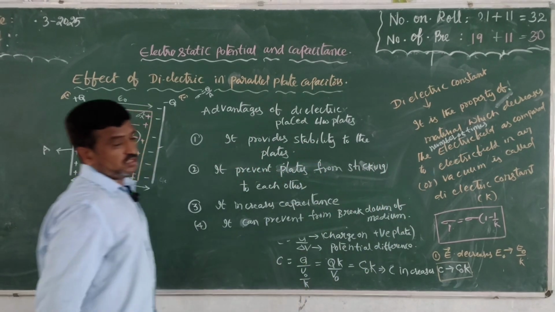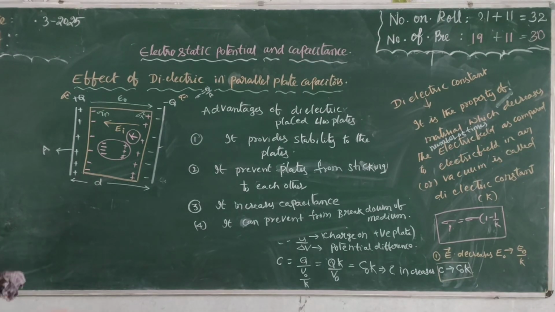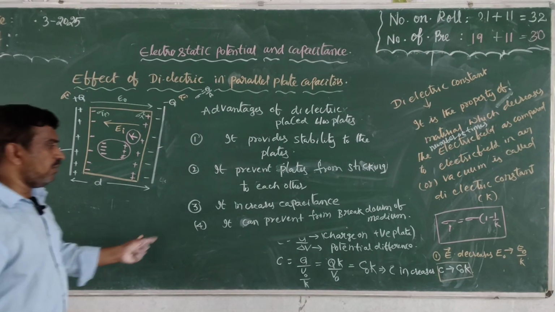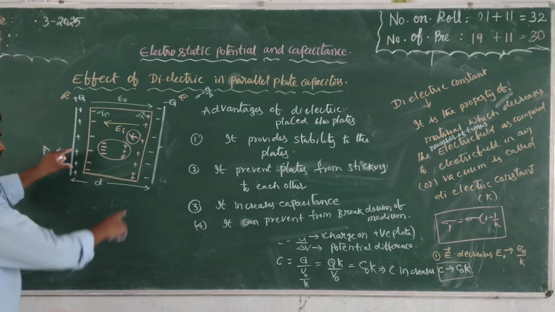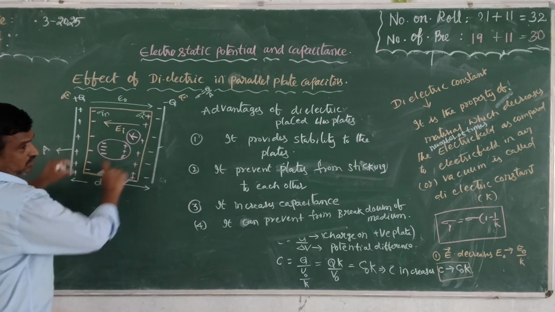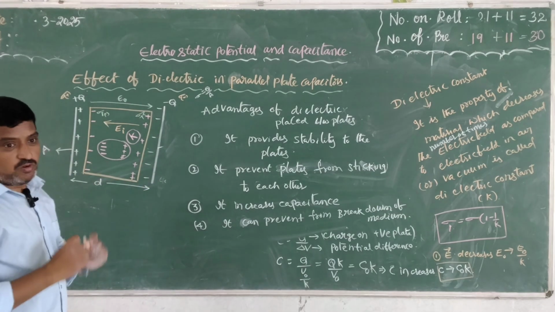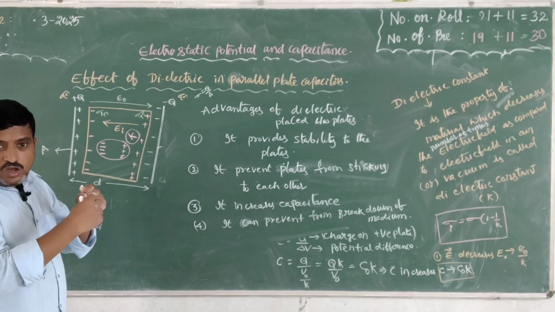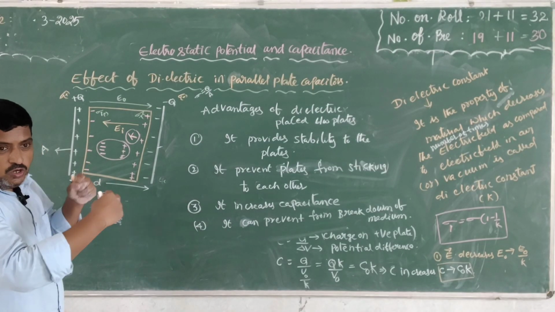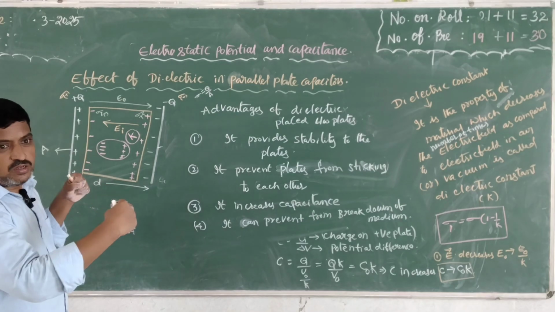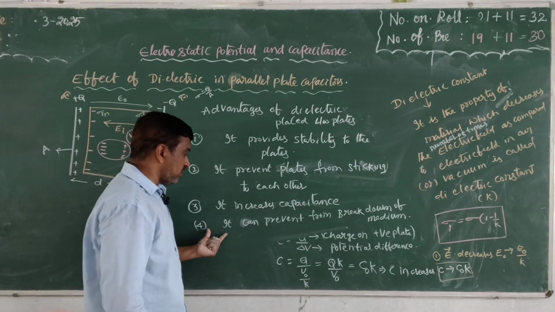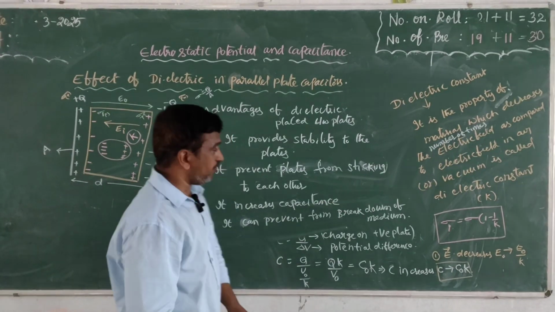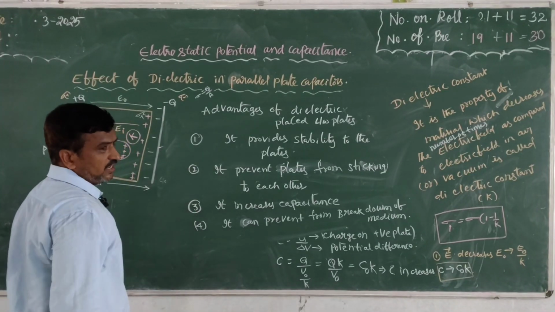These are the advantages of dielectric placed between the plates. What does it mean, it can prevent breakdown of the medium? If there is no dielectric between them, only air is there, and air molecules are neutral. Because of the high electric field, it will pull the molecules. So that medium breaks, and the dielectric prevents the breakdown of the medium.